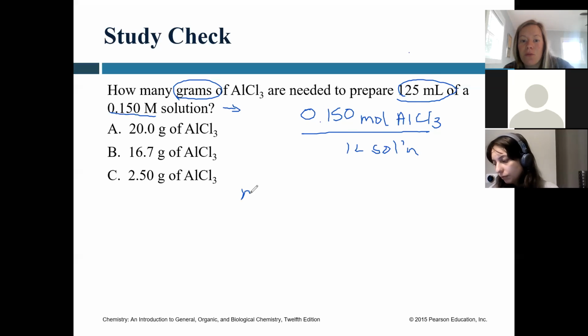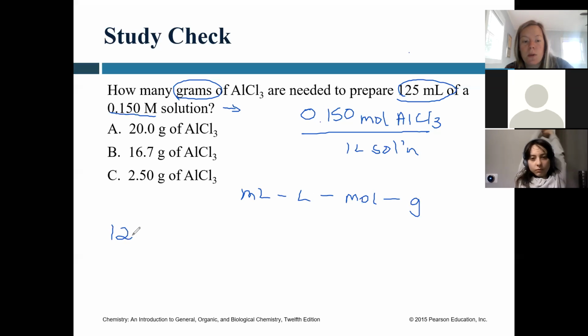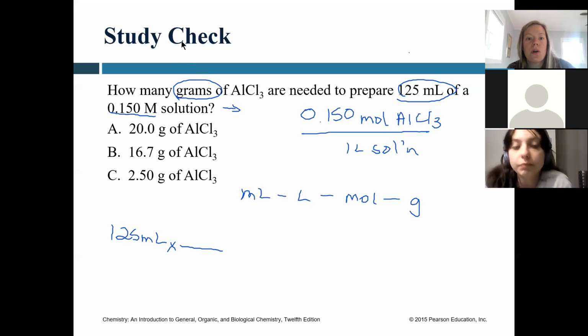This is a couple steps. I've got to go from milliliters to liters. From liters, then I can get into moles. And then from moles, I can get into grams. So I'm going to start with the 125 milliliters of the solution. I'm going to convert that into liters because this is a relationship of liter to mole, not milliliter to mole.